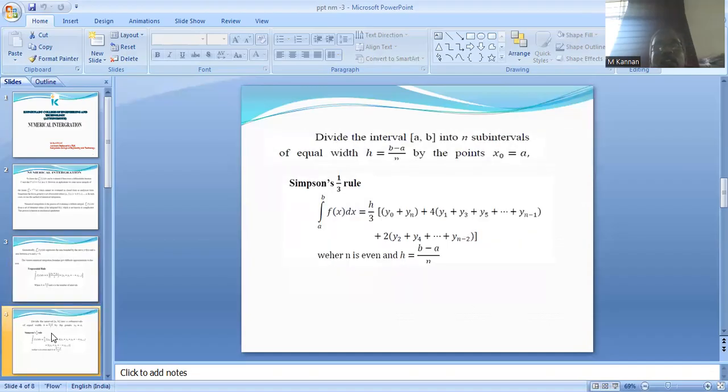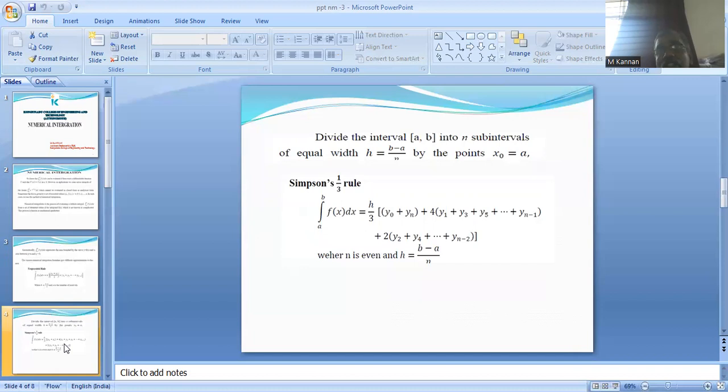Now, Simpson's 1 by 3rd rule means the integral from x0 to x0 plus nh of f(x) dx is equal to h by 3 into the sum of the first and last ordinates plus 4 into the sum of the odd ordinates plus 2 into the sum of the even ordinates.